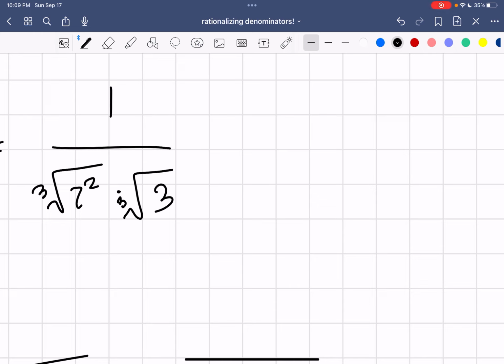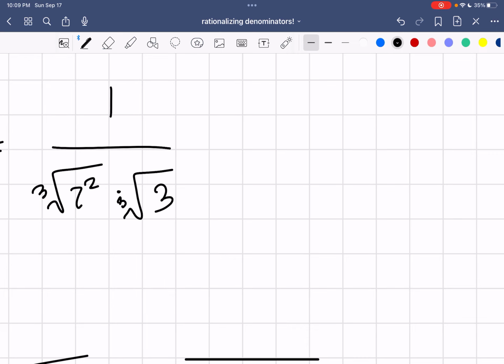Okay, let's just multiply it by... wait, what? Why aren't we multiplying by 3 times 4?